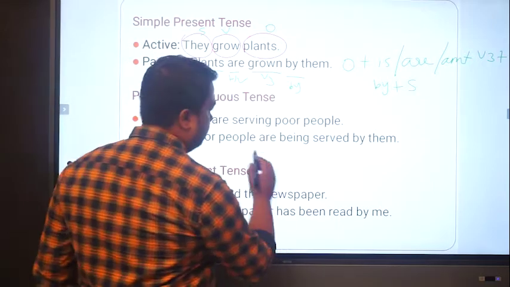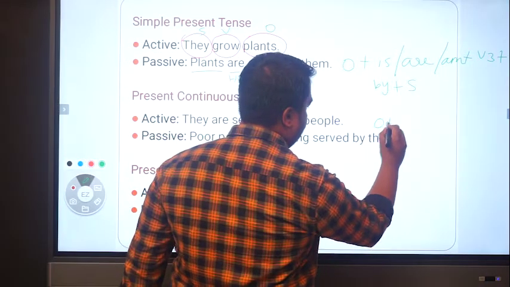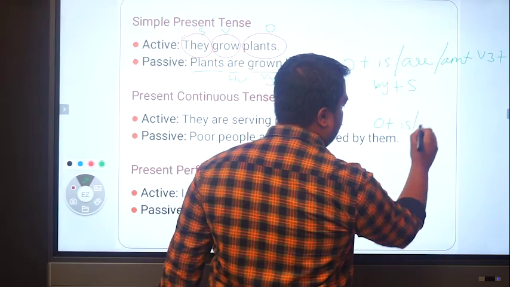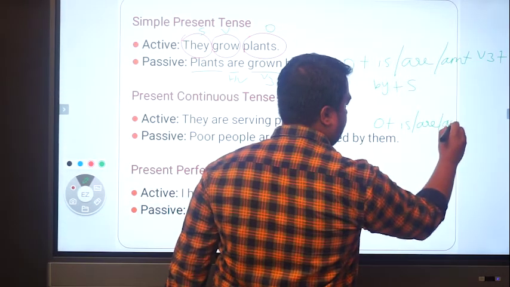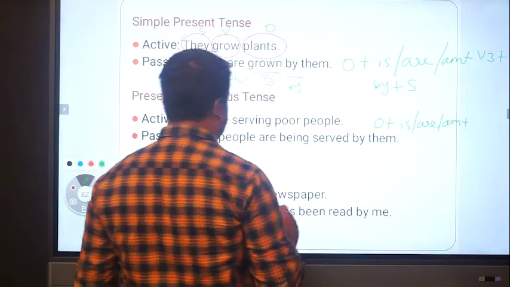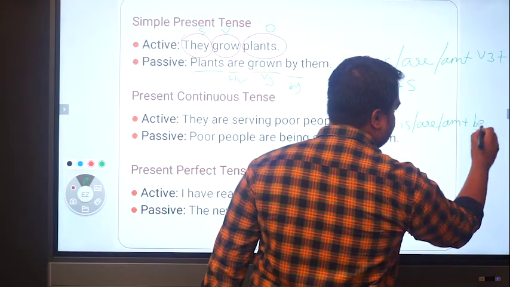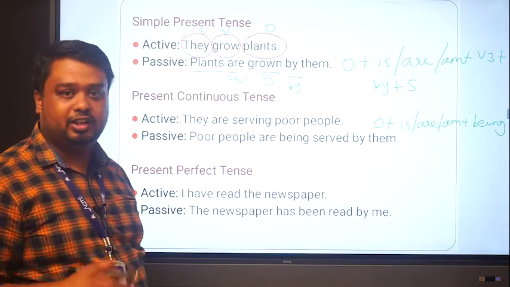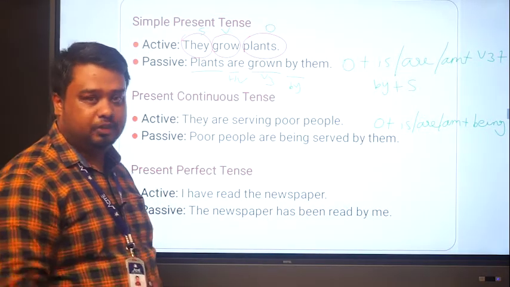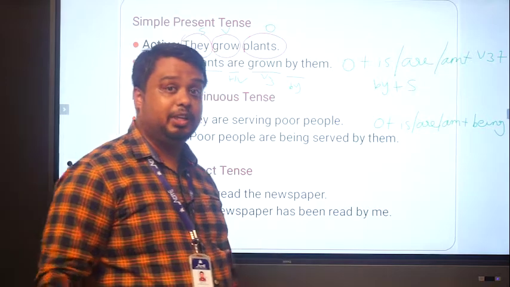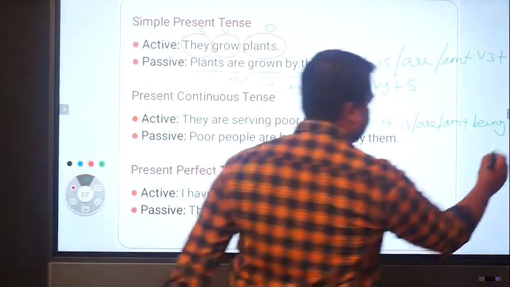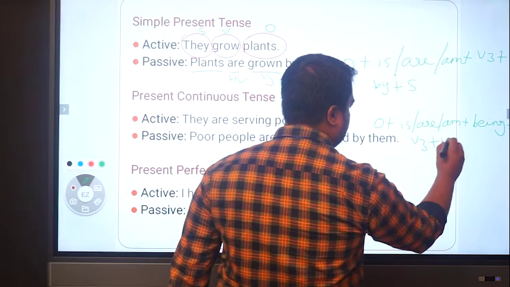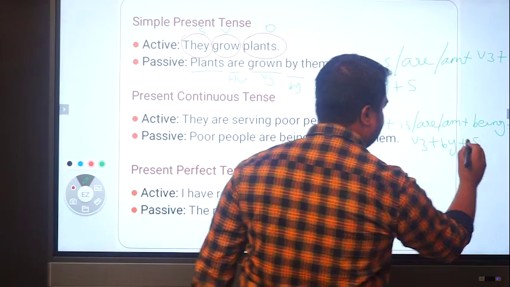Let's write: object plus same helping verb is or are or am plus being. Remember, it's in continuous tense, so in any continuous tense, when we convert into passive voice, the word being must be added. Being plus V3 plus by plus subject.